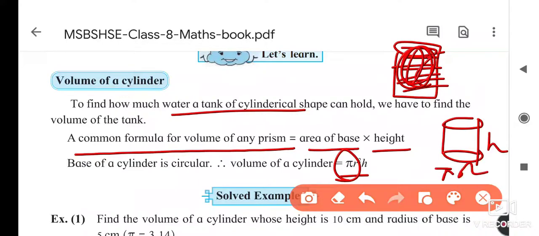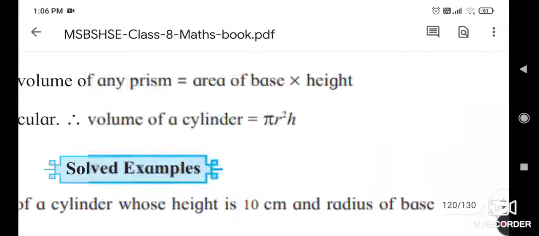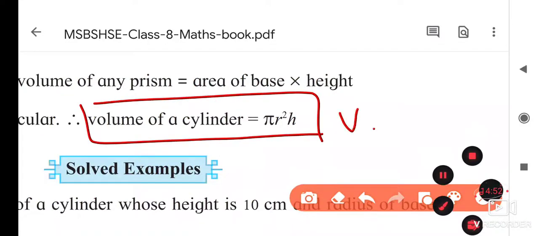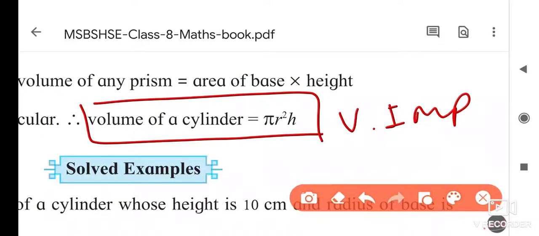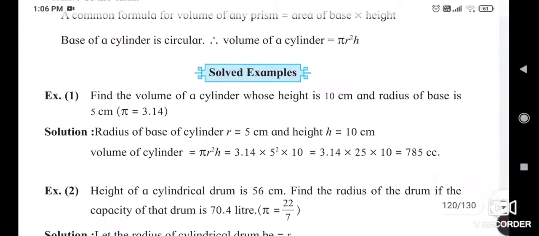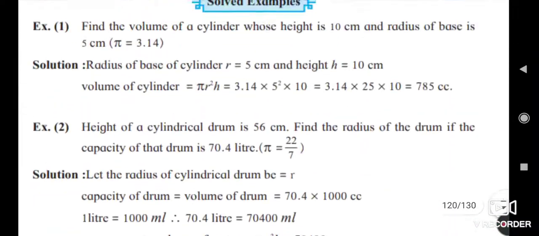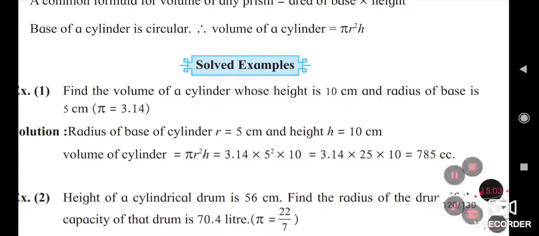So the formula of volume of cylinder is pi r square h, that we have to learn by heart. Volume of cylinder is equal to pi r square h, very important formula you have to learn. The same formula we have to use in our next classes till standard 10. So let's see one example and we will stop.